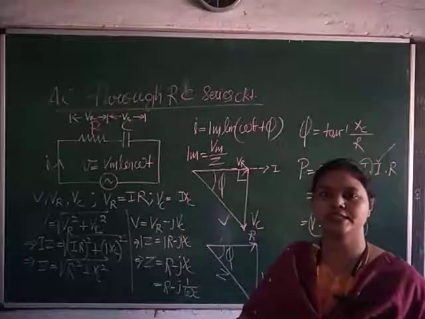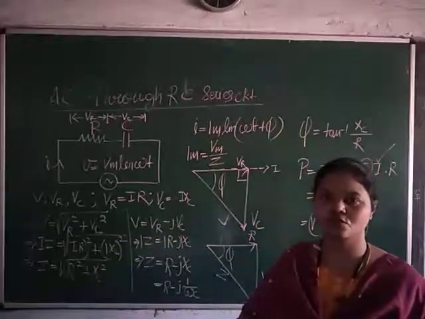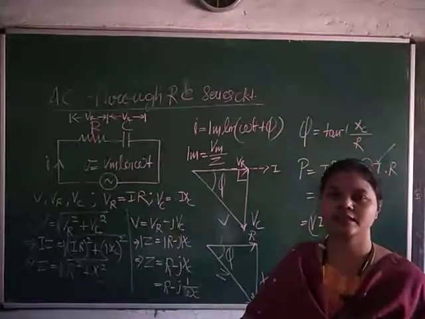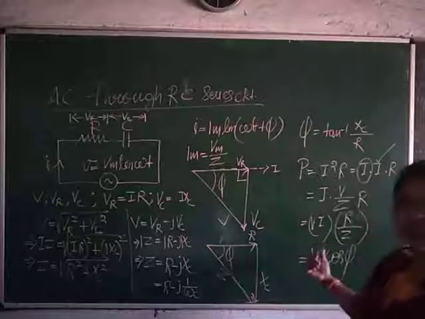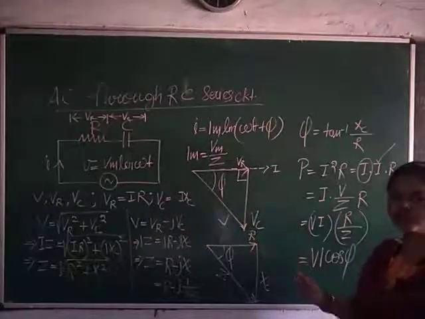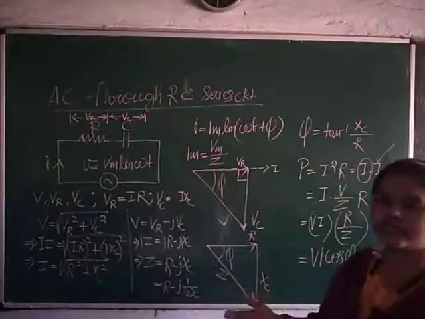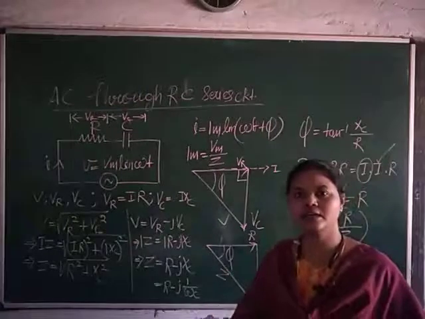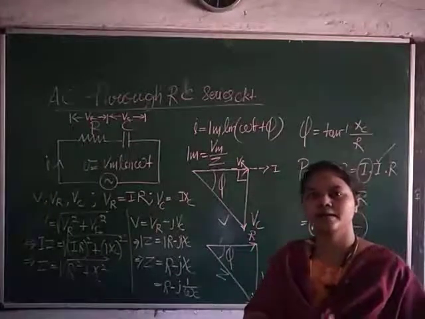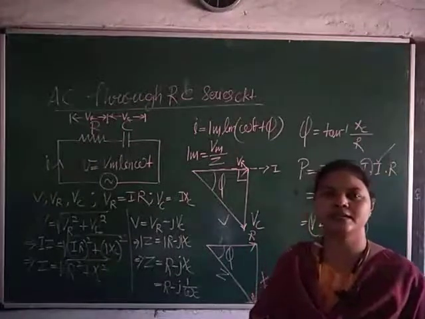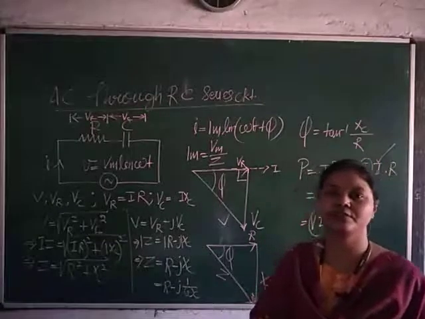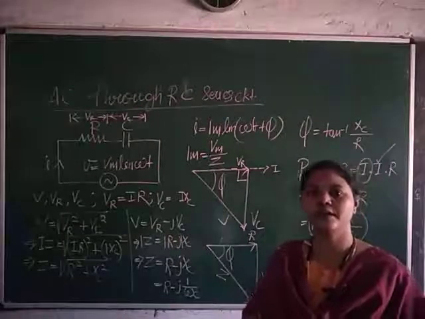The second definition is that it is the ratio of total resistance to total impedance. The third definition is from the power triangle. Here I have not drawn the power triangle, but it is the same as for the RL series circuit, so you may follow that RL series circuit power triangle procedure and diagram. The power triangle says that the power factor is the ratio of the active power to the apparent power.